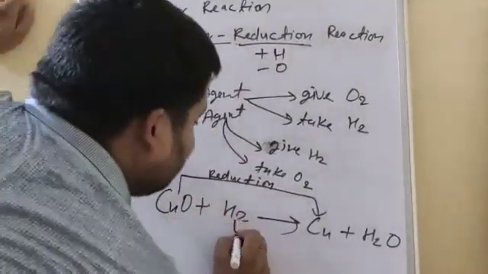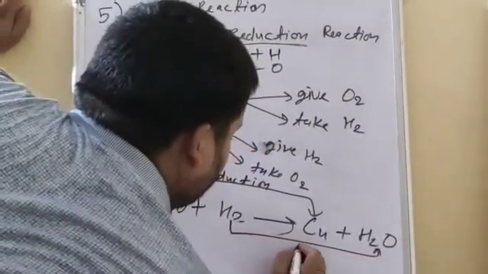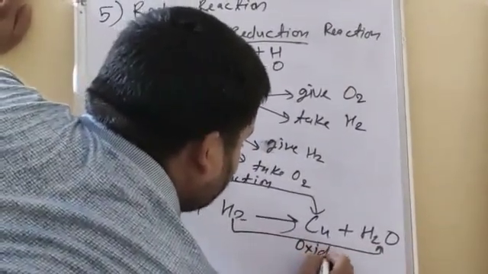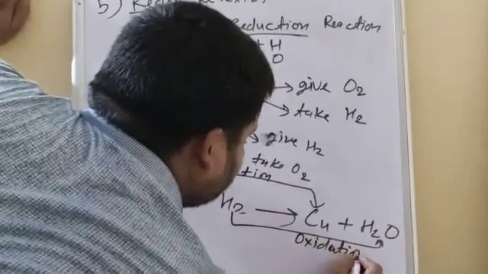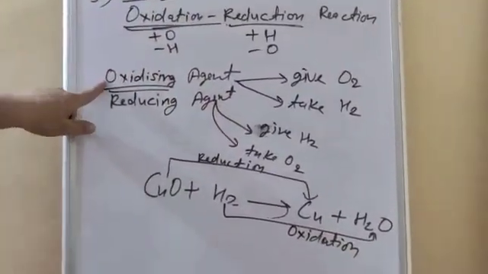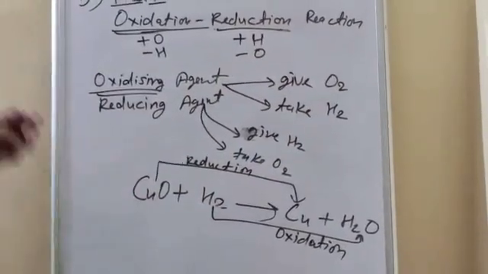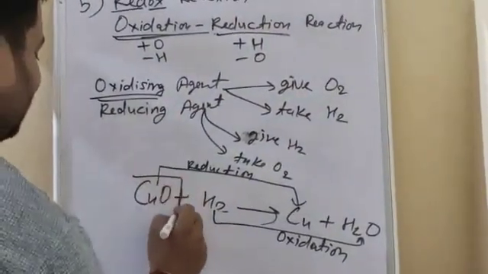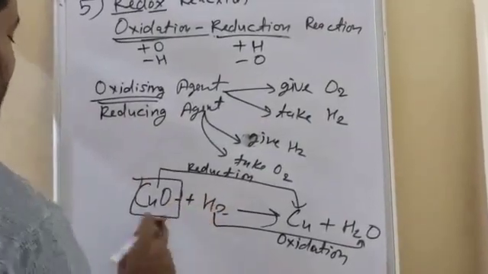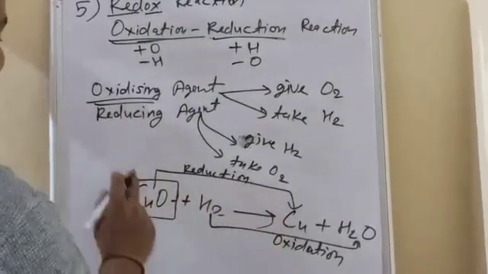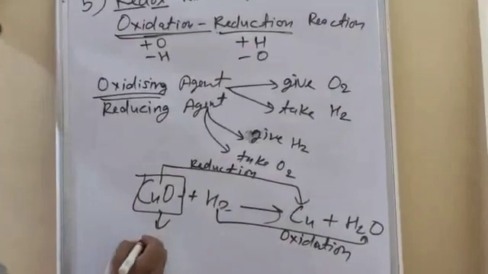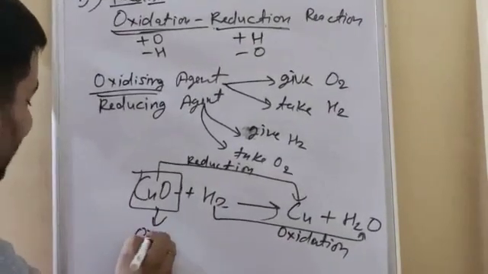Here addition of oxygen to hydrogen, so oxidation reaction. Now an oxidizing agent means which gives oxygen. Who is giving oxygen here? Copper oxide. Copper oxide has given oxygen, so this substance is the oxidizing agent.